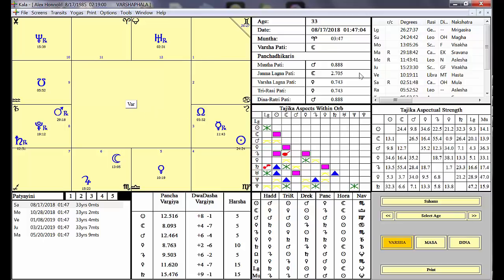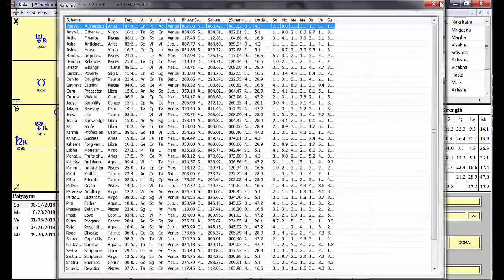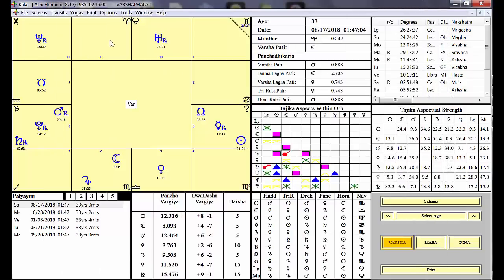Okay. So let's see where his Sahams are for this year, or his Punya Saham. His Punya Saham is in Aries at 7 degrees. So Aries, that's also in the 11th house. And the 11th house is also the house of recognition by your peers. And the 10th and 11th house rules fame. And this is the year he got famous.